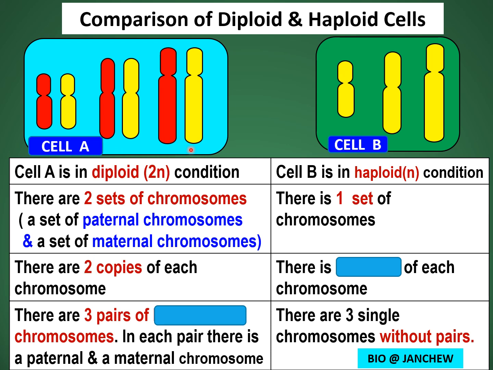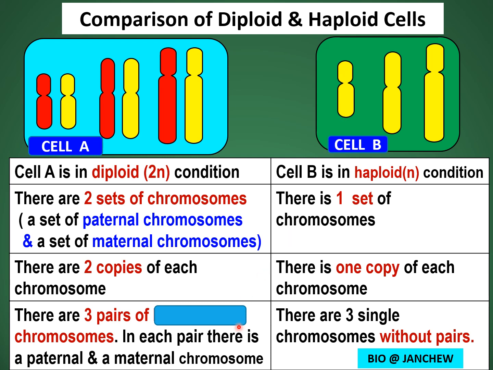If you look at the long chromosome, there are two copies, same with the others. For diagram B, how many copies of each chromosome? One. So this is part of the definition for haploid condition also.